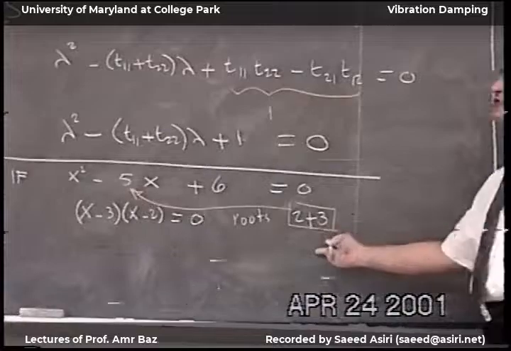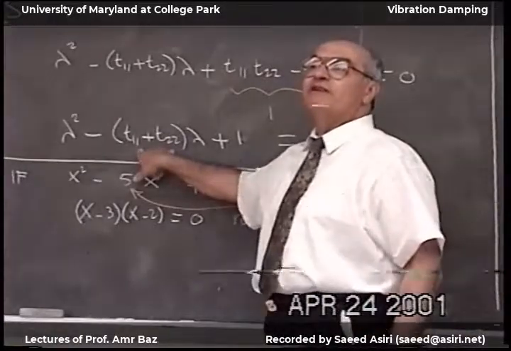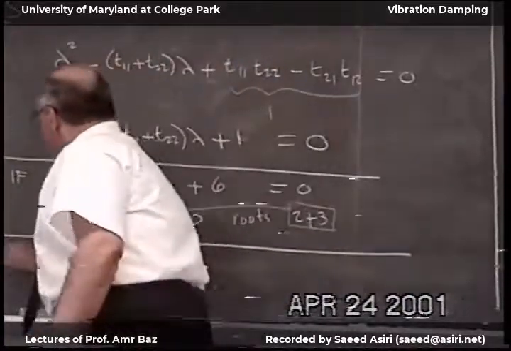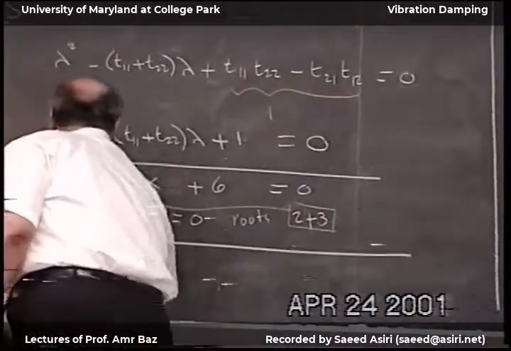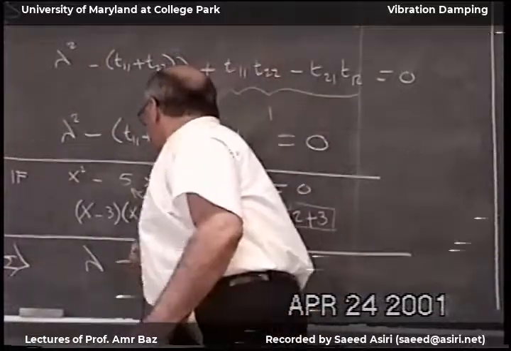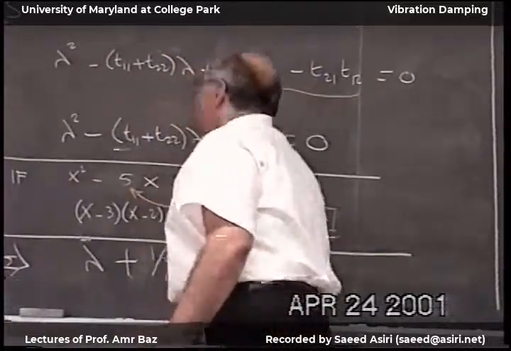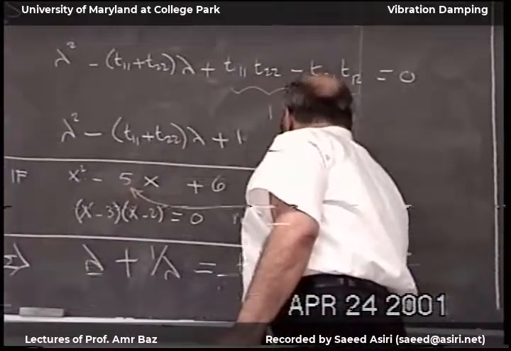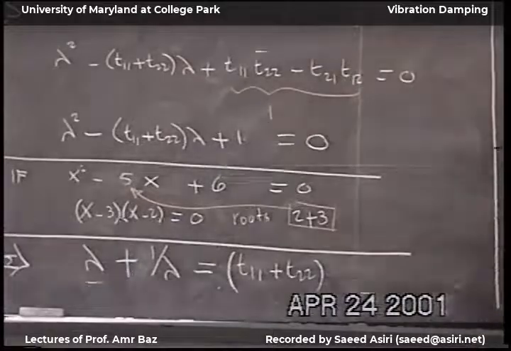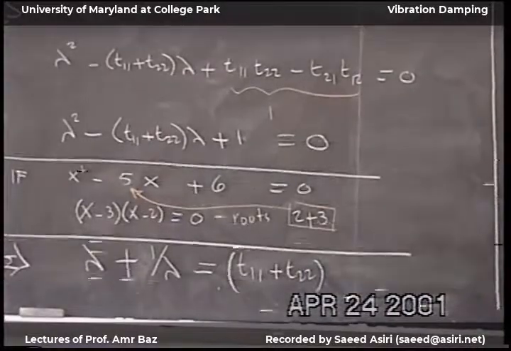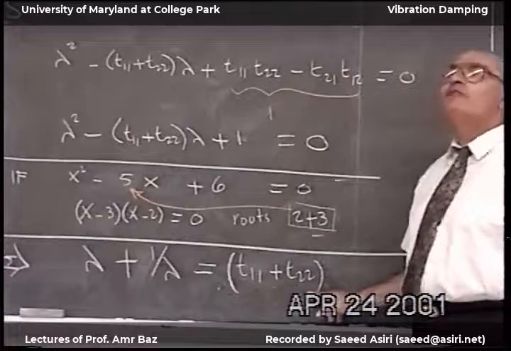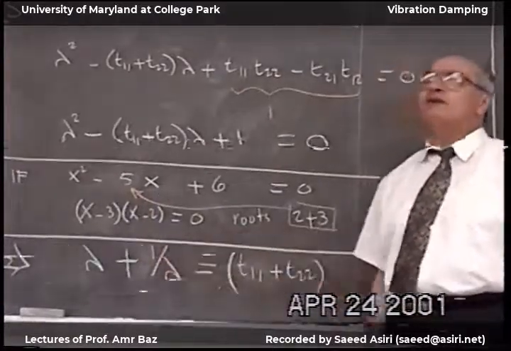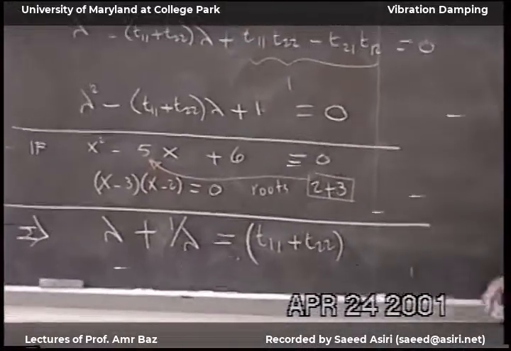So the sum of the roots is the second term of this polynomial. So this says now lambda plus 1 over lambda is equal to T11 plus T22. Okay? Now we have everything, like we have this from the finite element. Then automatically I can get lambda and 1 over lambda from here.